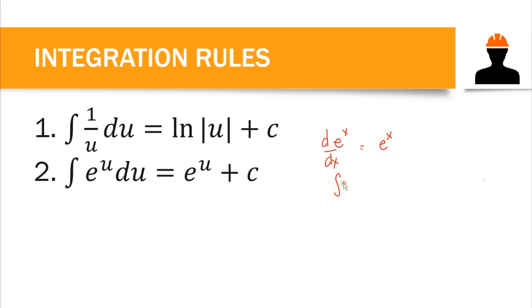But if we integrate e raised to x dx, that would give us e raised to x plus c. Our c there is any constant. So just memorize this integration rule for transcendental functions.